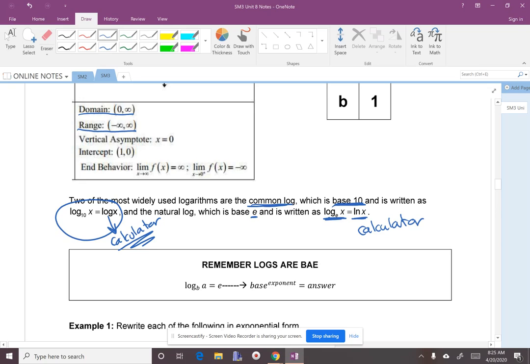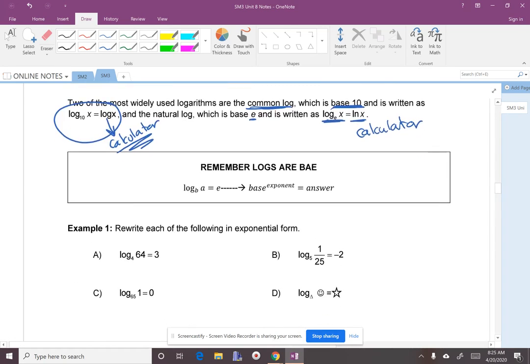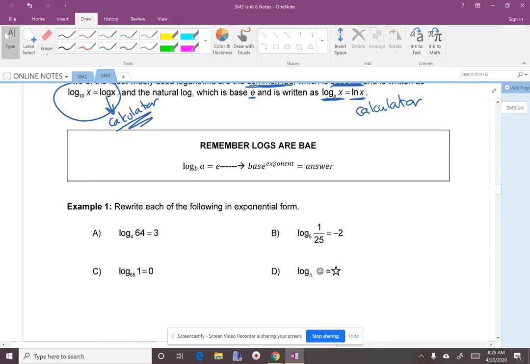So some of you are like, great, Miss Bustle, what's a log? This is how you're going to remember it, and you can just accept it. It's kind of crazy. This is how I teach all my kids. You need to remember that logs are BAE, and I know BAE is a little bit outdated, but just hang in there with me. Logs transform into exponentials using BAE.